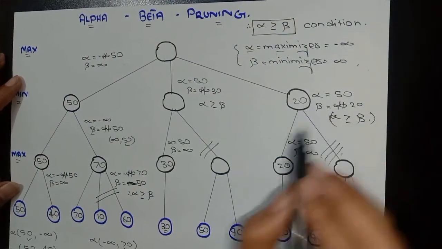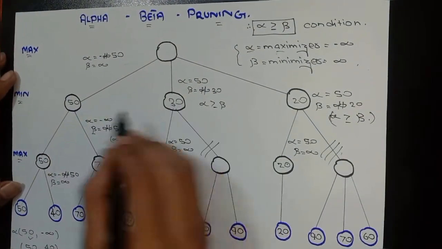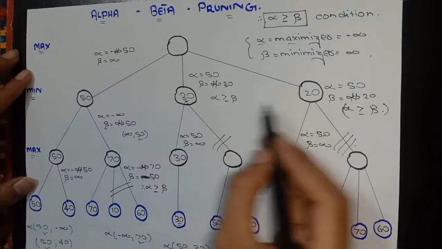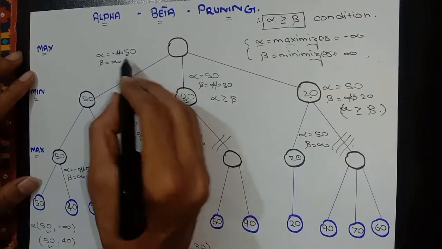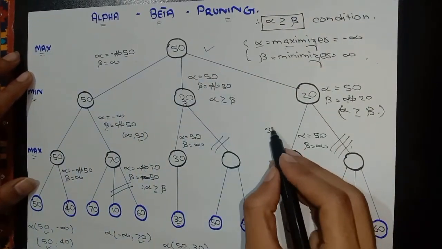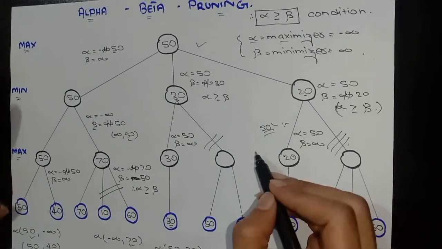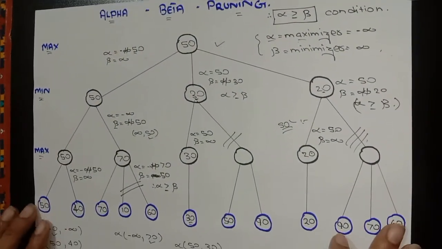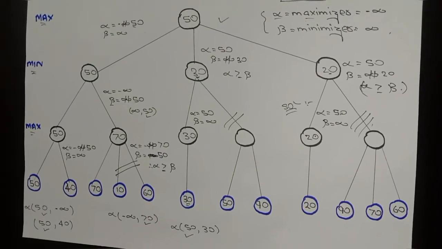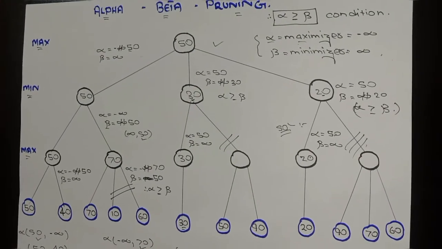So beta becomes 20, and here the condition is true, alpha is greater than or equal to beta. Then I will prune or cut the next node and will not traverse it. The circle becomes 20. Now I will check among the three which is the largest, the maximum value, because I have to write it in the upper level, which is maximum, and that is 50.